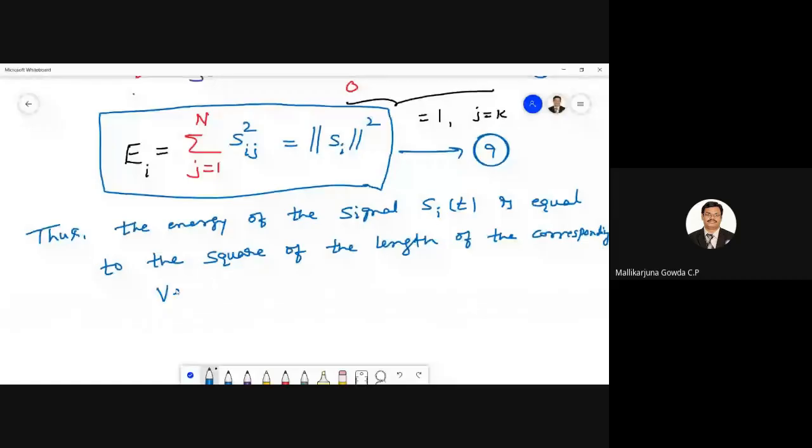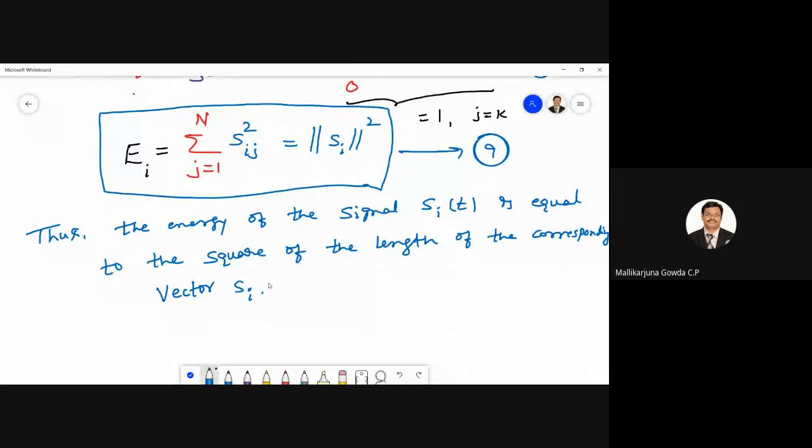So it is an important relation. If I know the length of the signal vector, I will be able to say what its energy is.